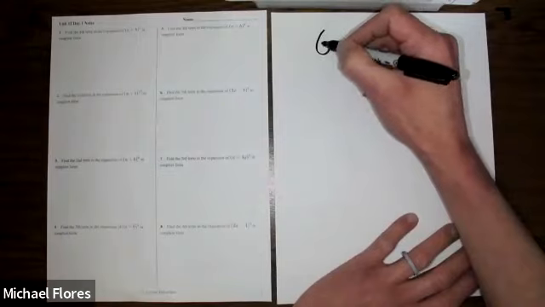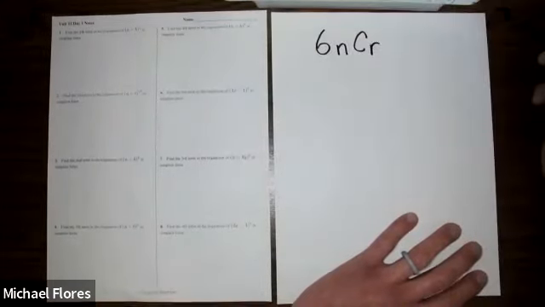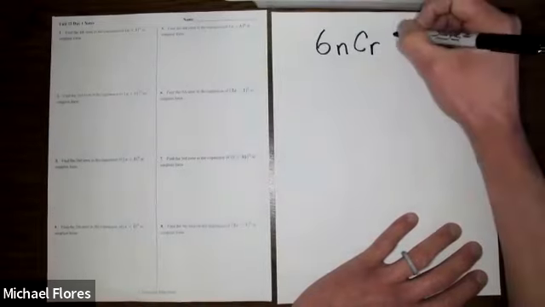Okay, example 6. Let's start out the exact same way. Start with the power, and then nCr. Looks like they want us to find the 5th term this time, so subtract that by 1. Let's plug that in.